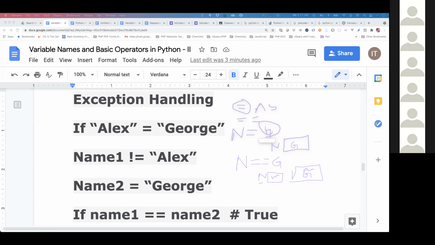Supposing N had a 5 and G had a 5, the result will be true. Supposing N had a 3 and G had a 5, the result is false. Thank you.